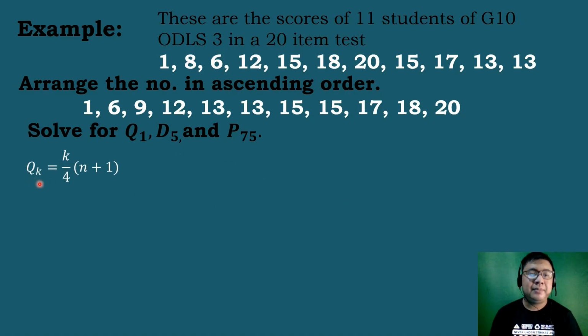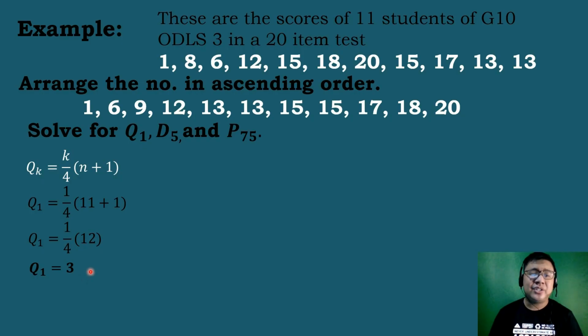Quartile sub k is equal to k over 4 times the quantity n plus 1. Let's substitute the value of k, which is equal to 1, and the value of n, which is equal to the number of students, 11. 11 plus 1 will be equal to 12. 1 times 12 is equal to 12 divided by 4, and that is equal to 3.